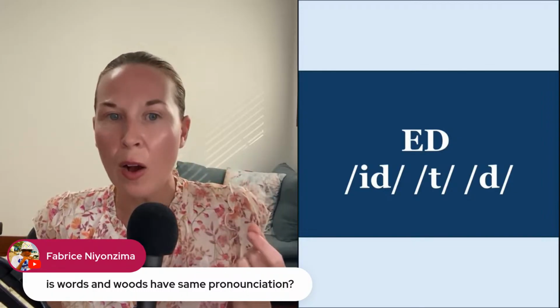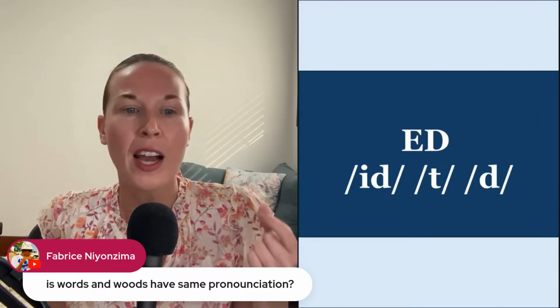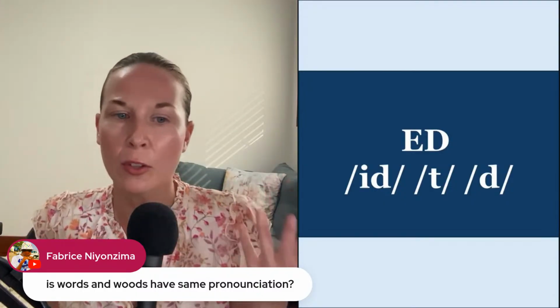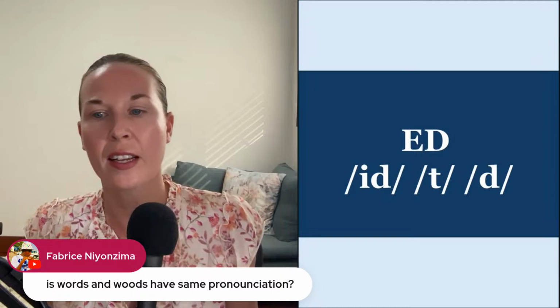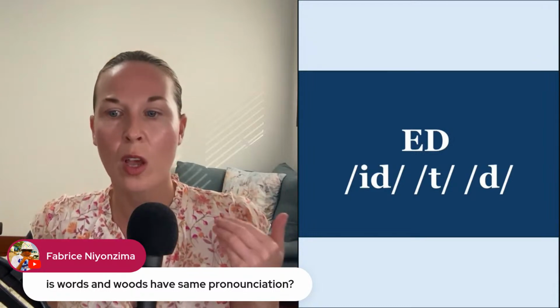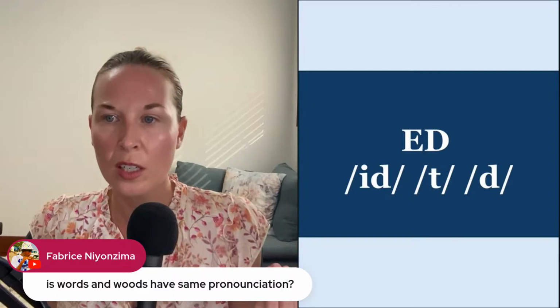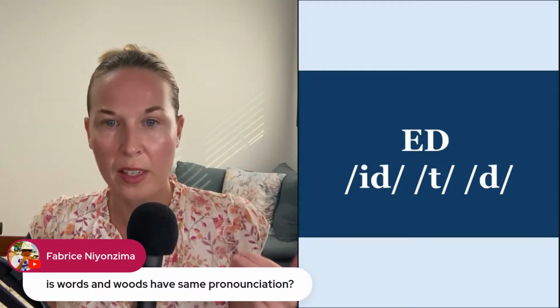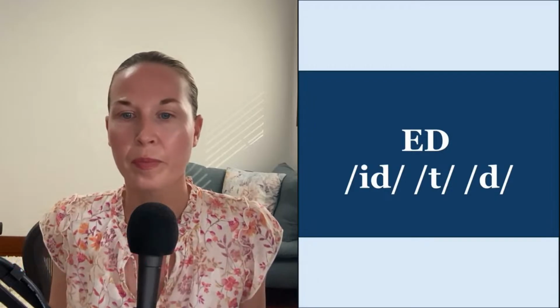So the vowel sound is different, and there's a very noticeable R sound in the first one, but not in the second. Words, woods, words, woods. So you can practice that.